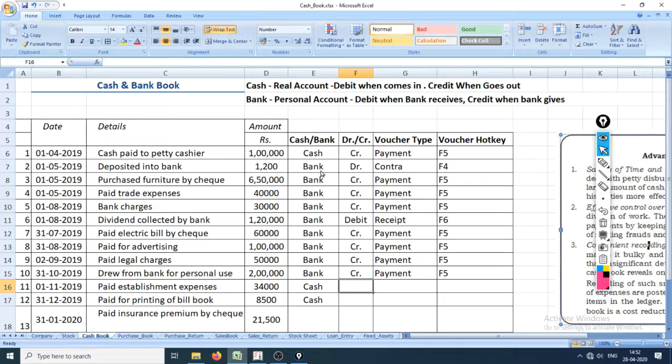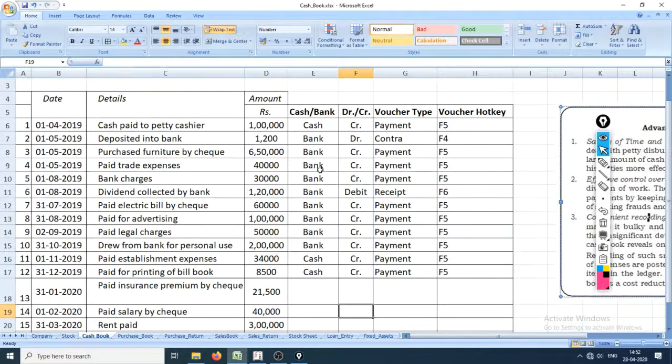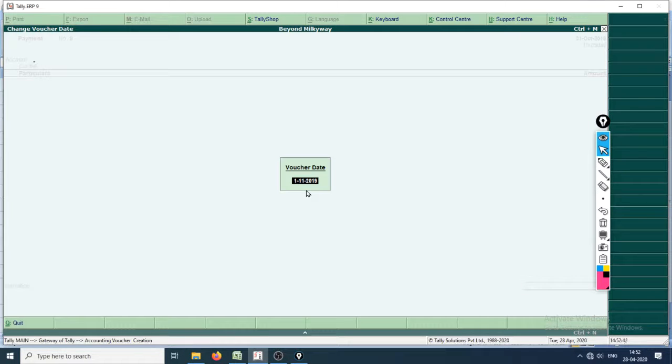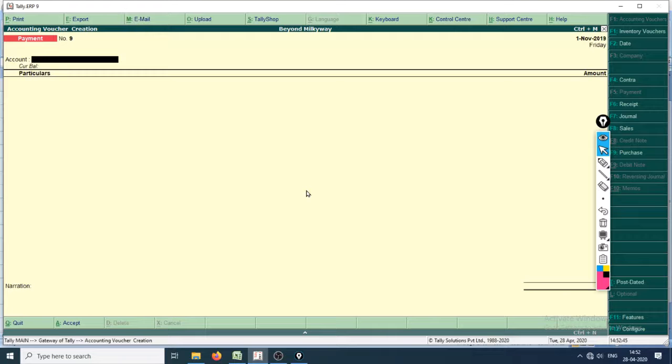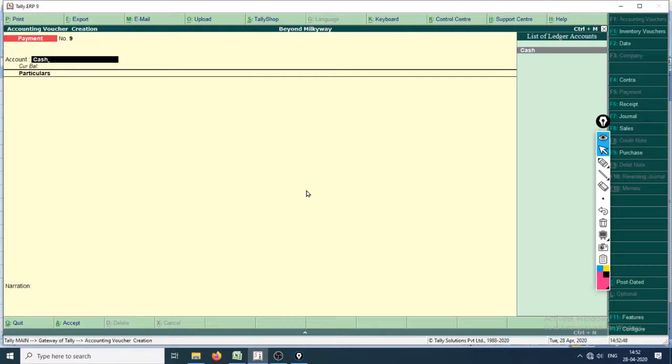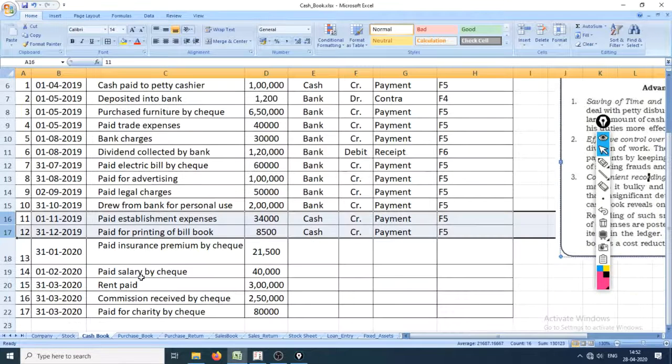Now the paid establishment expense is from cash, but credit, same thing. Yeah, credit. Let's pass these two entries. Establishment expense and paid for printing bill book, 1-11 and 31-12. So let's do one thing right here, that is, change this date right here from 31 December to 1st November.